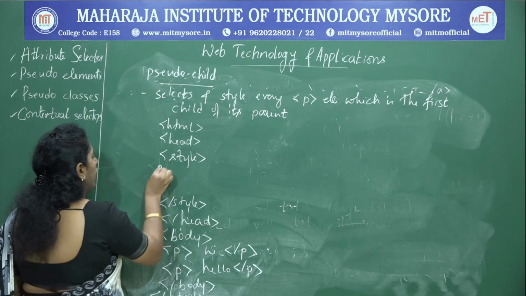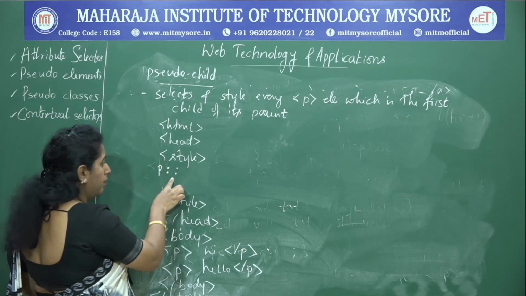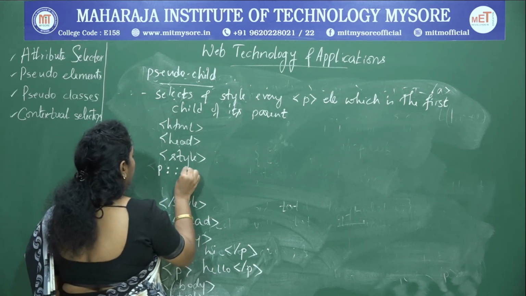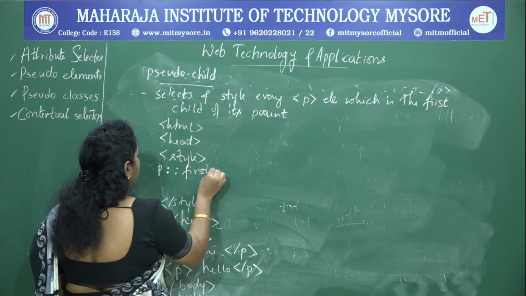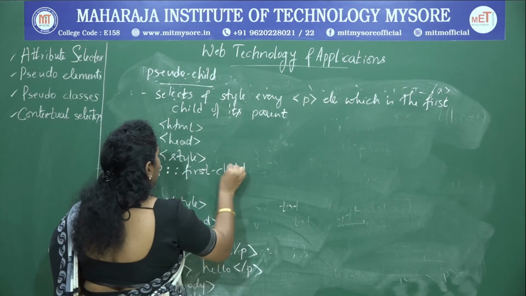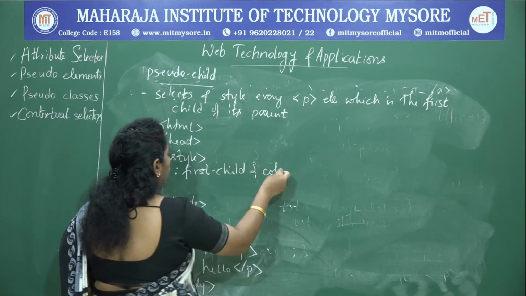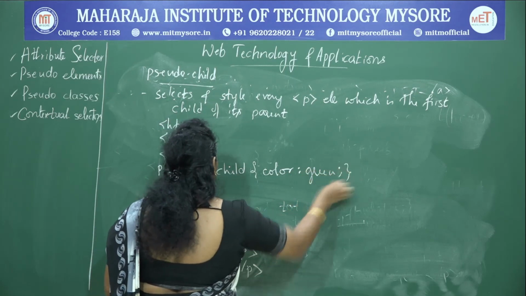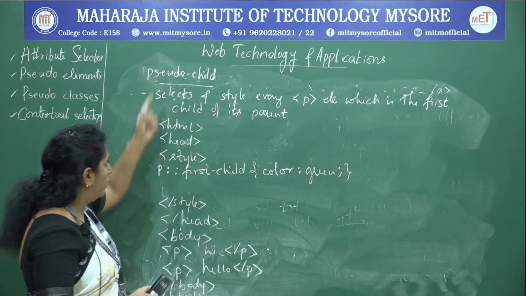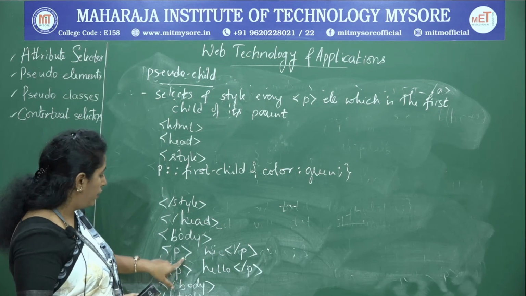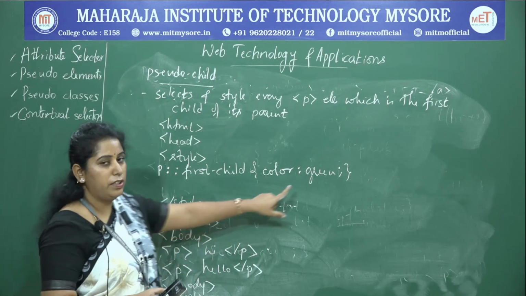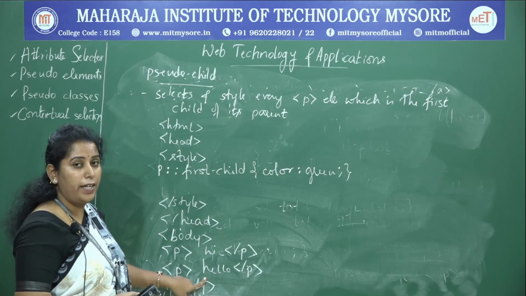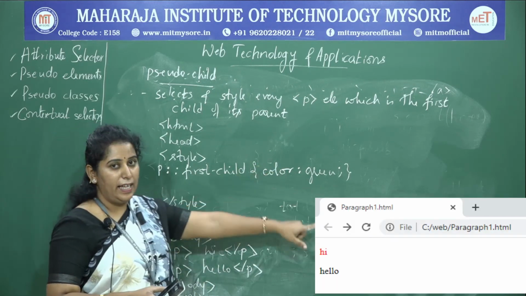So now the selector is P, then first-child, and I will write the rule color green. Now when you run this program, the first child, hi, is printed in green color, and the remaining contents, even though they are in P tags, are printed as they are.